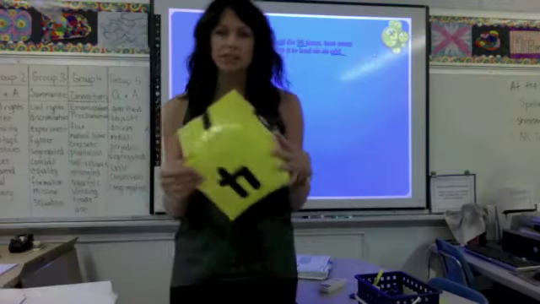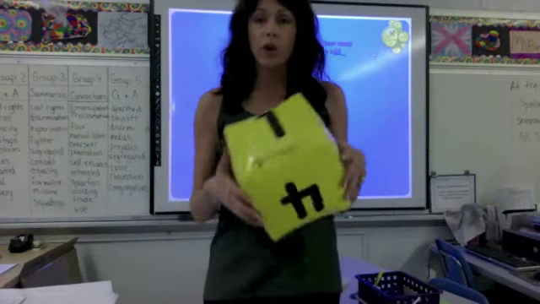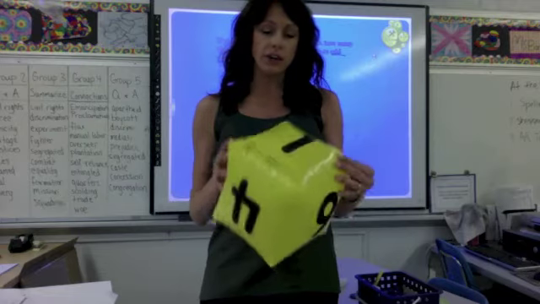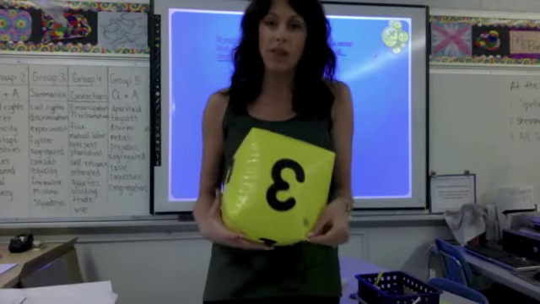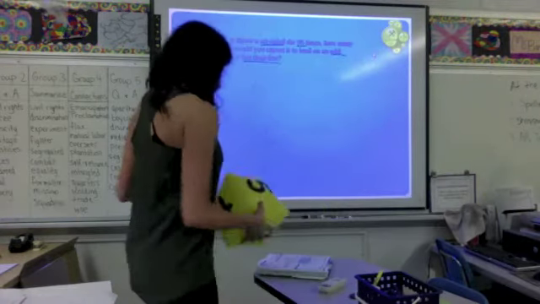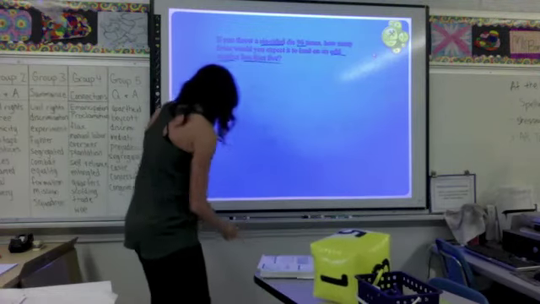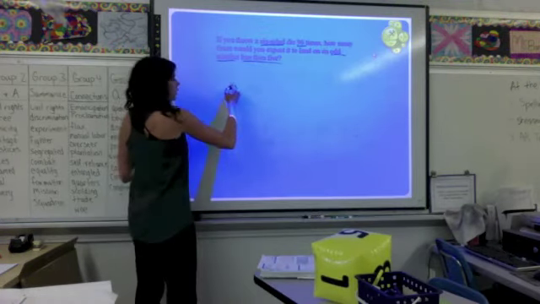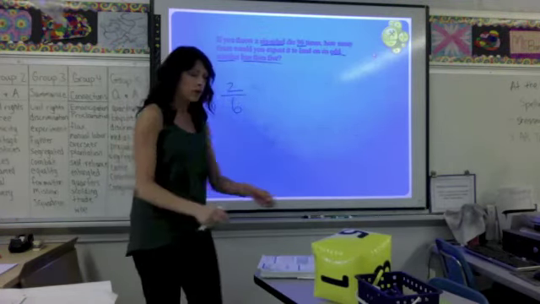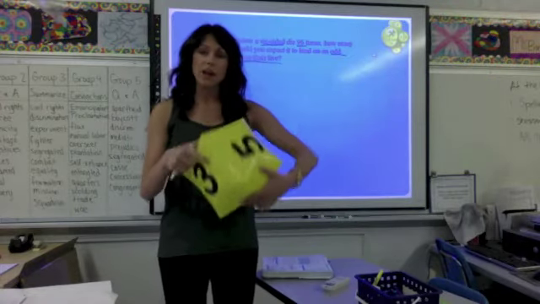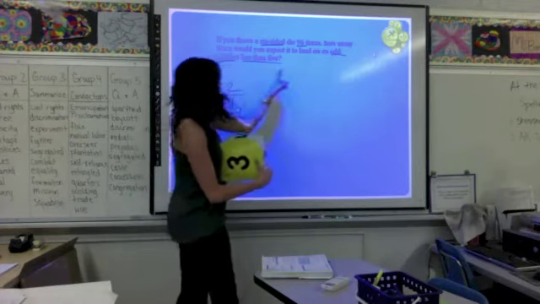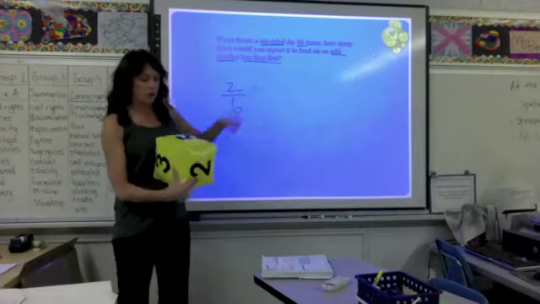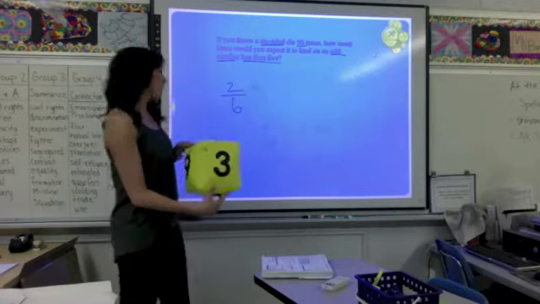All right. Odd number less than 5. So I'm looking at my 6-sided die, and there are only 2 odd numbers that are less than 5 on my 6-sided die, 1 and 3. Those are the only odd numbers that are less than 5. So I know that that represents 2 sixths. 2 out of 6 numbers on the die are odd numbers that are less than 5, 1 and 3.